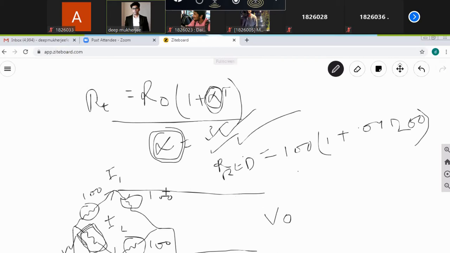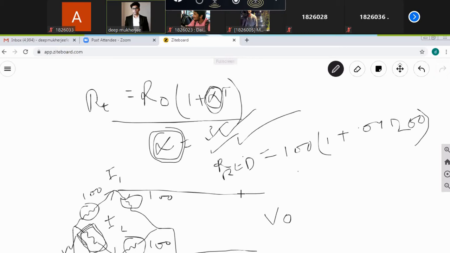Now what you have to do here is the first op amp, the RTD signal conditioning circuit, along with this Wheatstone bridge. Across the output you have to connect one op amp.